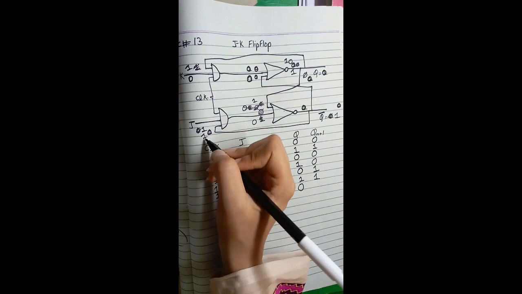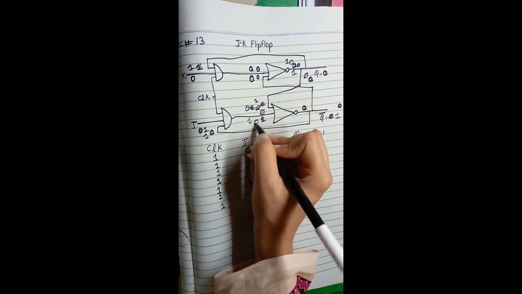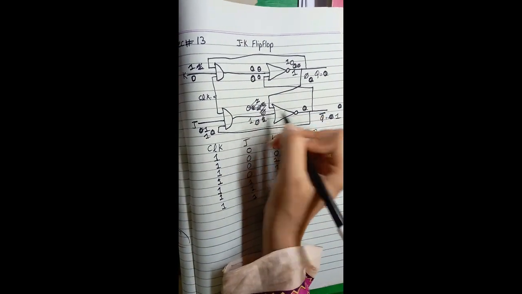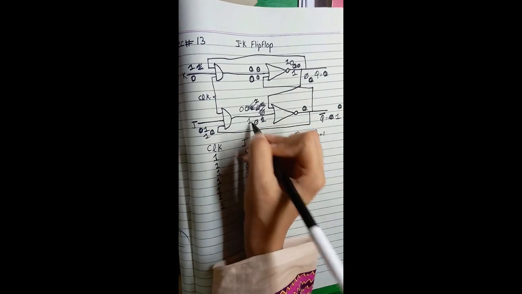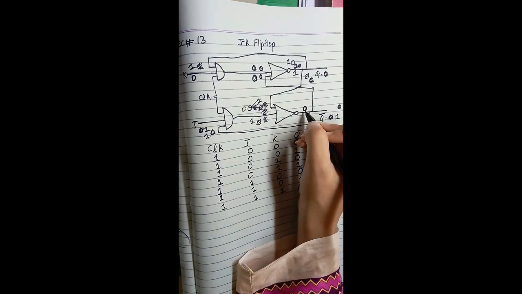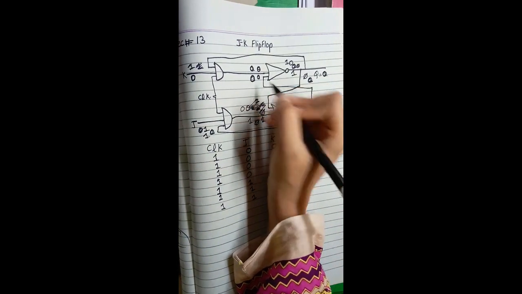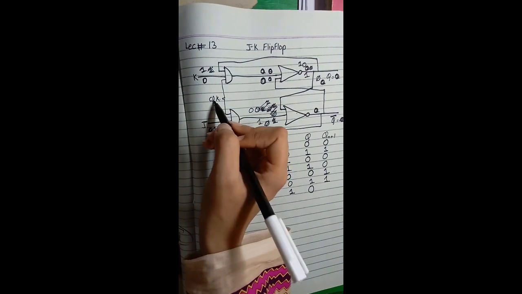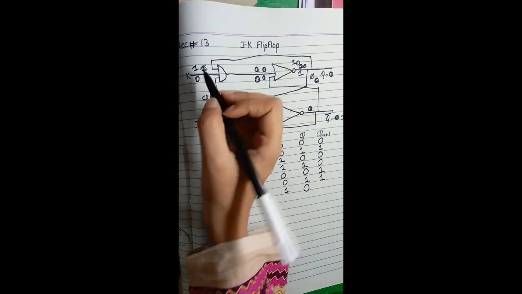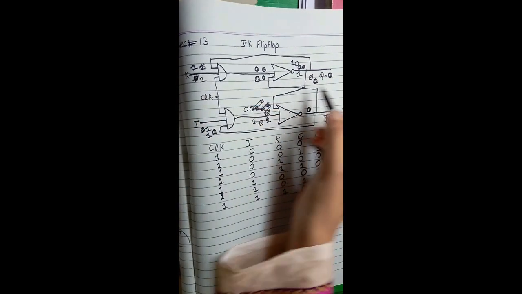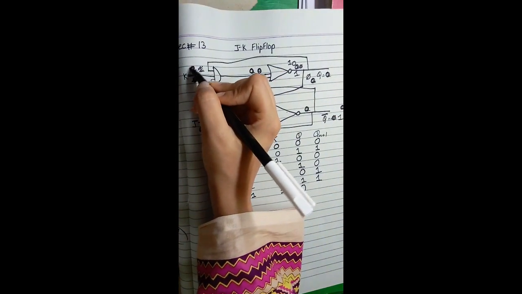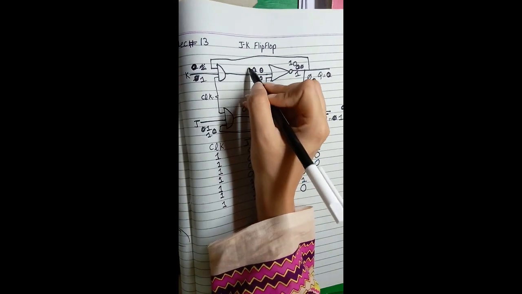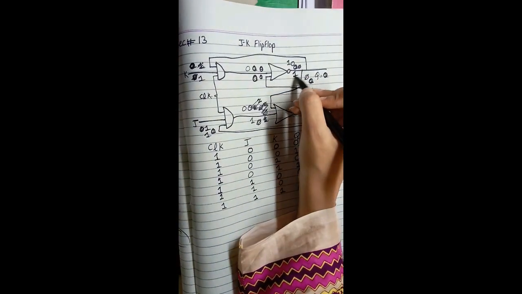This is 1, so all 1 will give us 1. And here we have the value 0. 1 and 0 will give us 0. This 0 will go here as input. And on this k we have value 1. K is also 1. And we imagine the value of q as 0. So it will give us 0. 0 and 0 will give us 1 output.